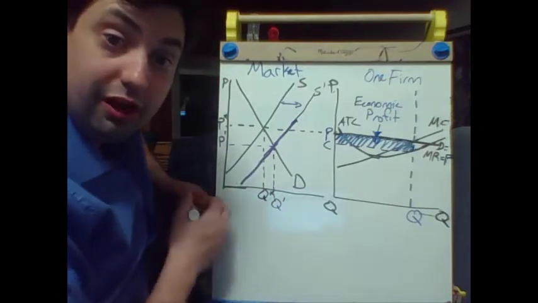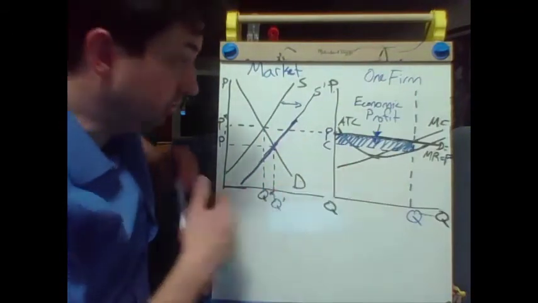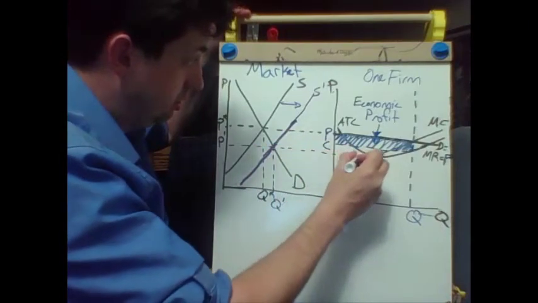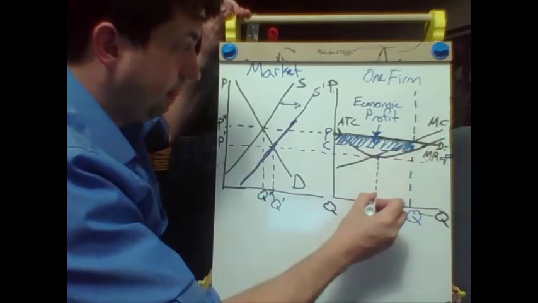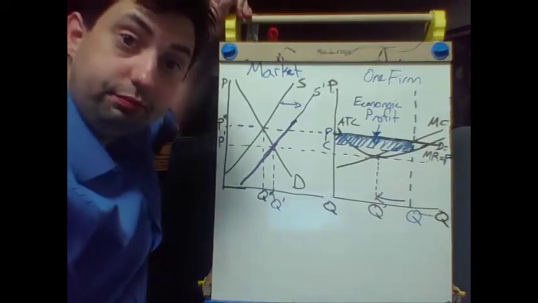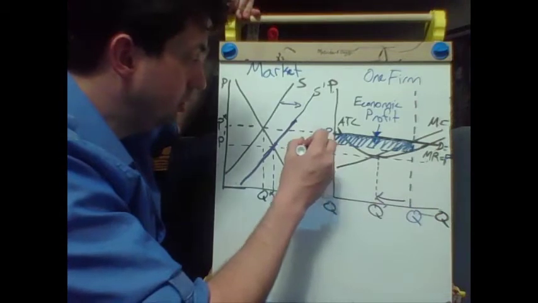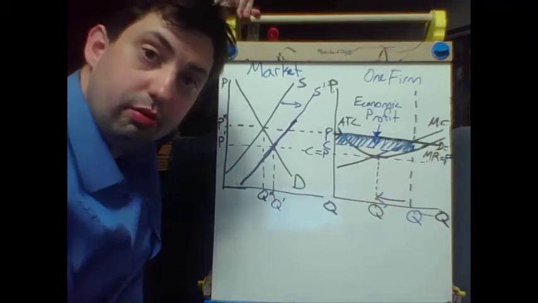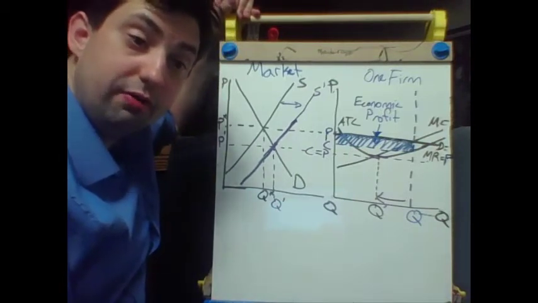But note that brings prices down not just for the whole market, but of course it brings it down for the individual firm, for every firm. In equilibrium, it brings it down such that the cost equals the price. In other words, they are making zero economic profit.